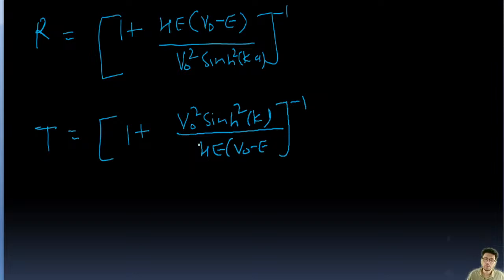If you know the reflection coefficient, you can easily find the transmission coefficient. The trick is to write the same expression and exchange the positions of numerator and denominator. So these are the reflection and transmission coefficients for the rectangular potential barrier.